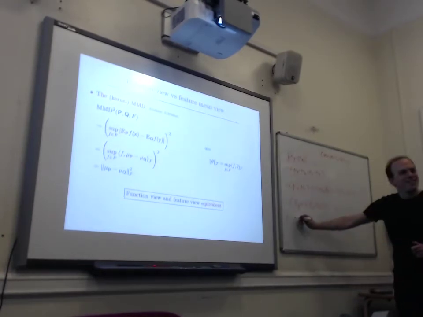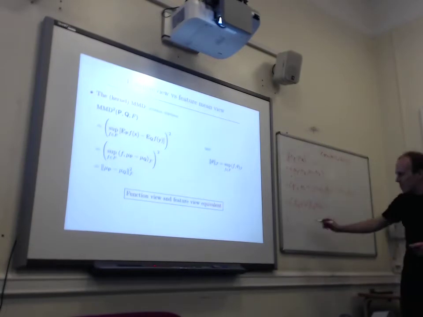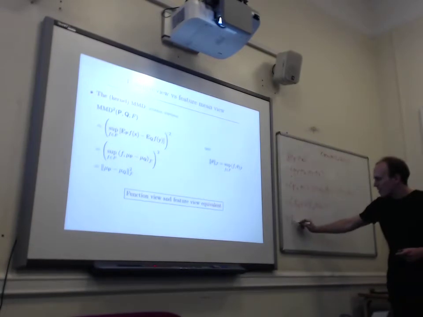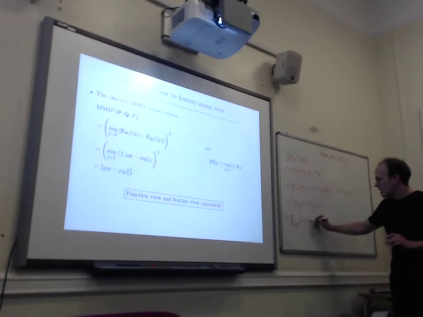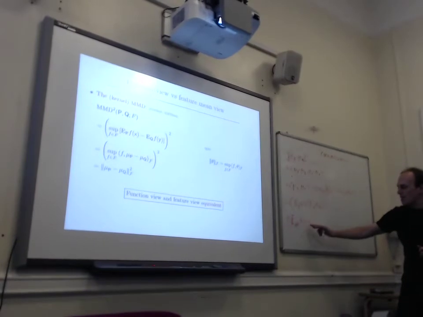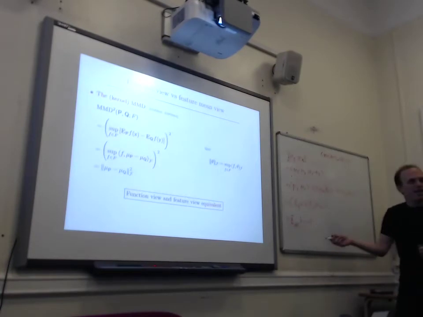So the expectation of the kernel? Exactly, so I've just got the expectation under P, and here I'm using a rather tricky notation, P dash, of the kernel of X and X dash. So what do I mean by P dash?